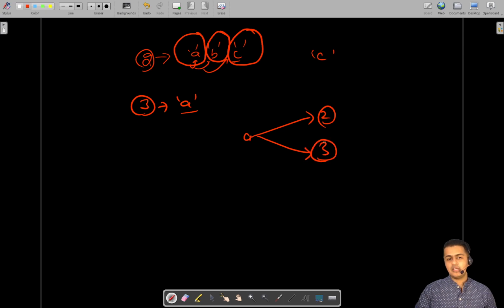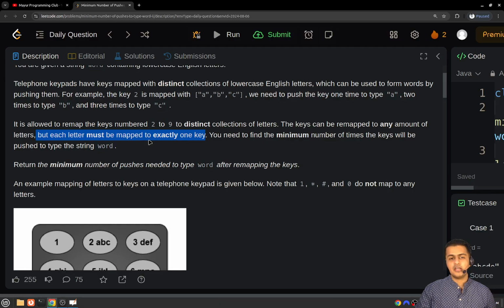So the mapping here should be one to one between the keys and the alphabets. So this is one to many. Instead, you could have mapped it to 2 or 3 but not both. That's why it is saying that each letter must be mapped to exactly one key.